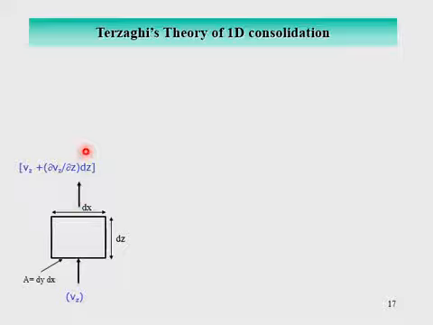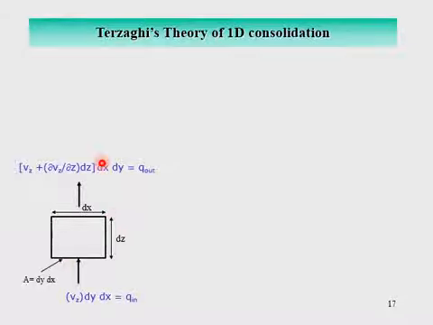If you multiply these velocities with the cross-sectional area, which is dx into dy, you get the discharge, or volume entering per unit time into the soil element. You multiply this with dx into dy, right? And the volume of water per unit time going out of the soil element. So q out minus q in is the change in volume of this soil element.